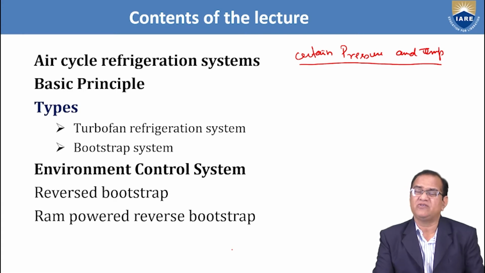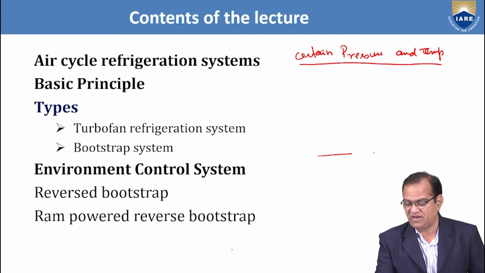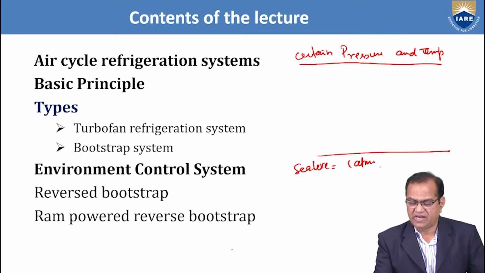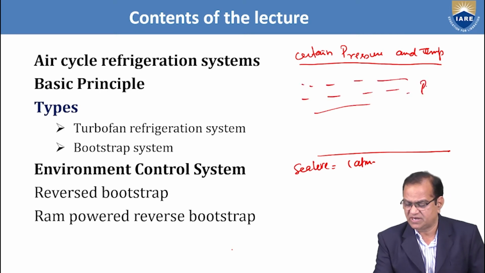At sea level it is 1 atmosphere, and as you go higher and higher, the pressure reduces, the density of air reduces, and the temperature reduces.